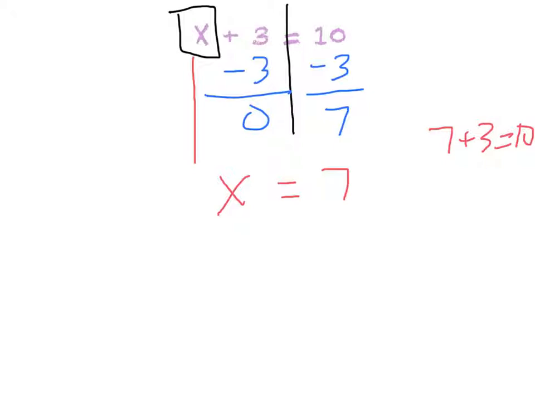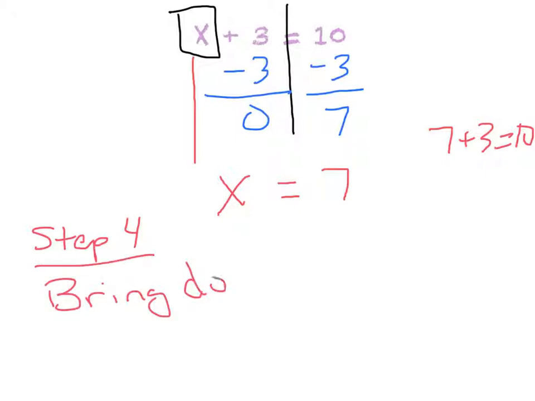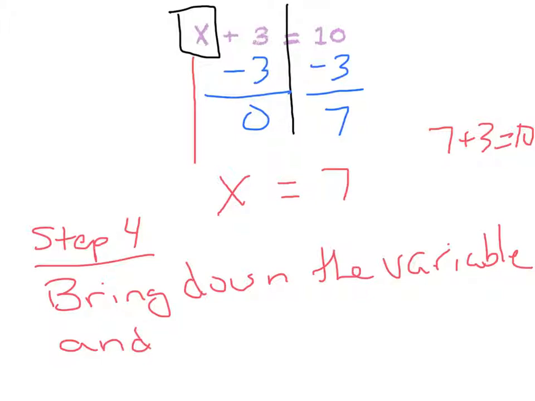So our last and final step, step 4: we need to bring down the variable, in this case it's x, and bring down the sign.